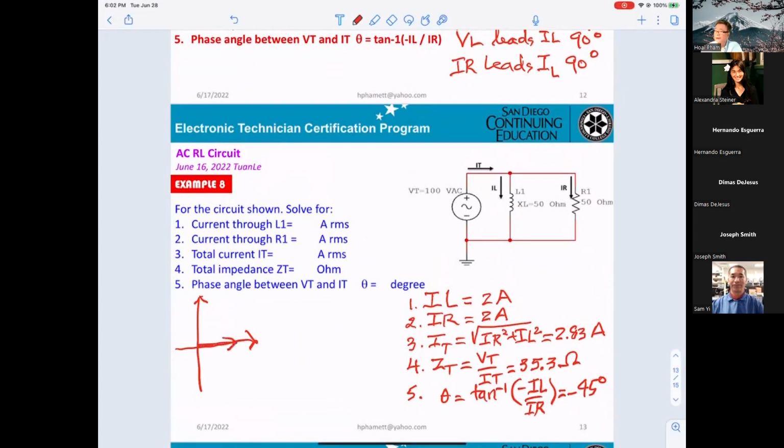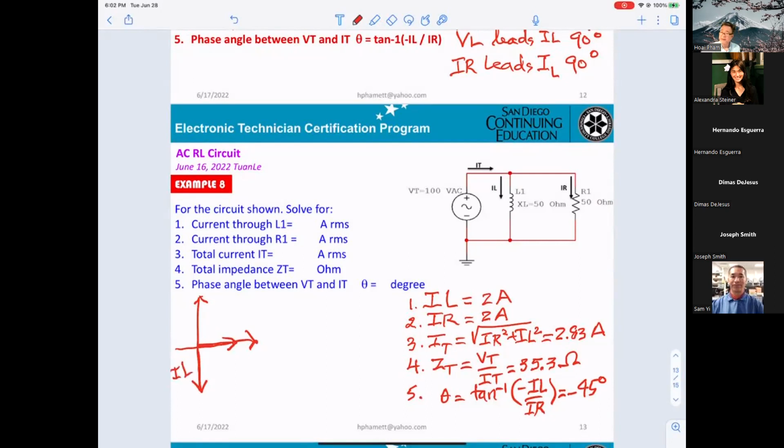IR will be 0 degrees. Now, IL, we already know IR is leading IL by 90. So if IL goes this way, that means IL leading. So they have to be going down. That will be IL.